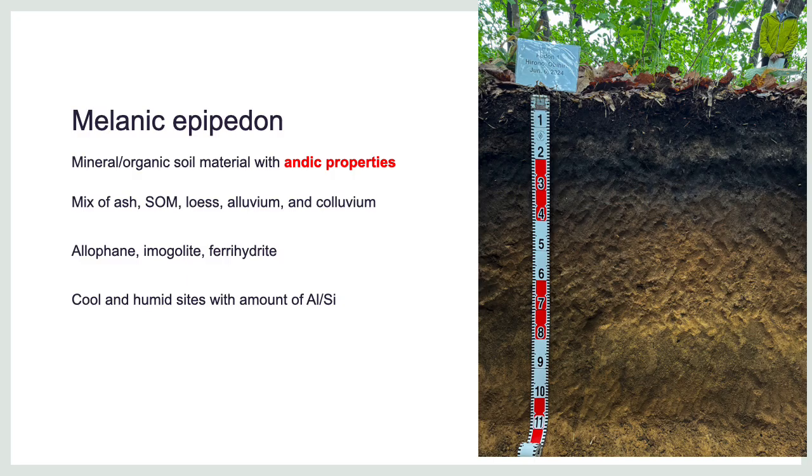And I will talk about it in the next few slides, but let's just see some of these characteristics and what the melanic epipedons are. The melanic epipedons are composed of a mix of ash, volcanic ash, soil organic matter, loess, alluvium, and colluvial materials.